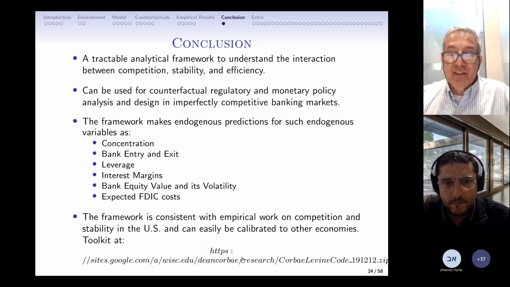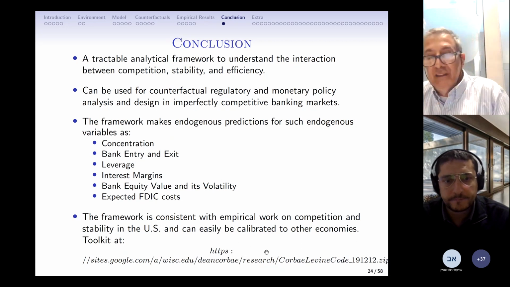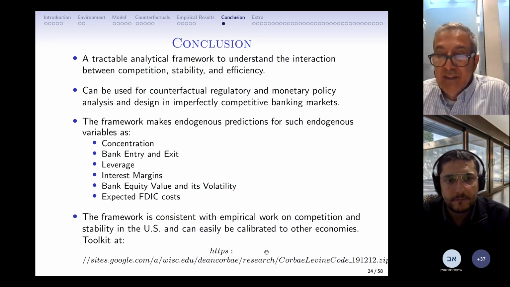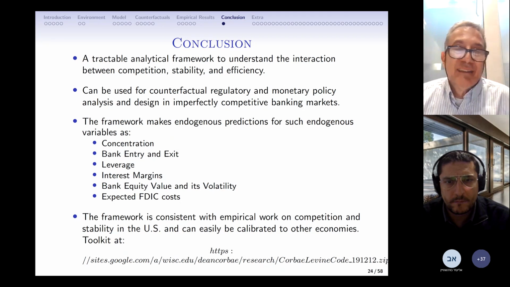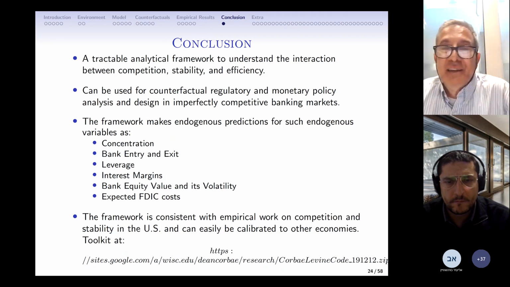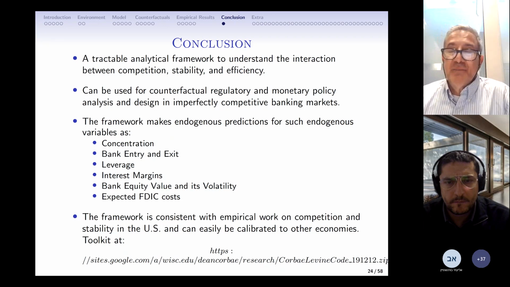And as I said earlier, there's some code on my website that you can run yourself. For instance, it could be a very different market structure in different countries, and you just change one of the parameters of the model. So I'll leave it at that.